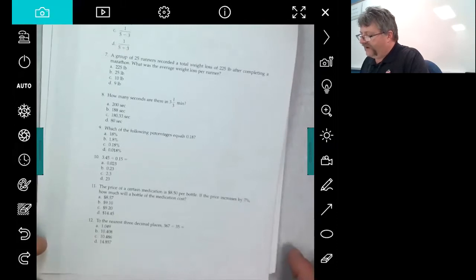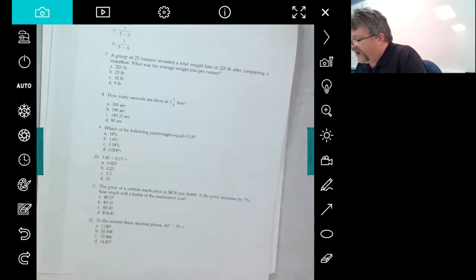Number 10, 3.45 divided by 0.15. 11, the price of a certain medication is $8.50 per bottle.